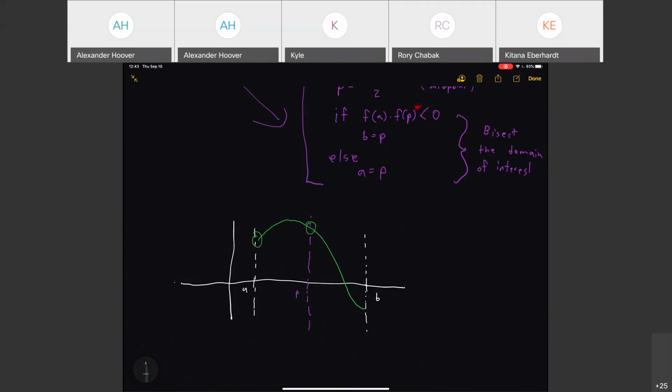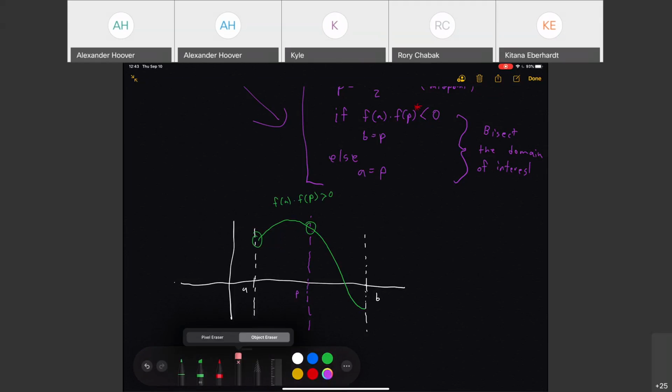So in our first round, f of A times f of P is greater than 0. So we now know that we're going to throw away pretty much everything on the other side.